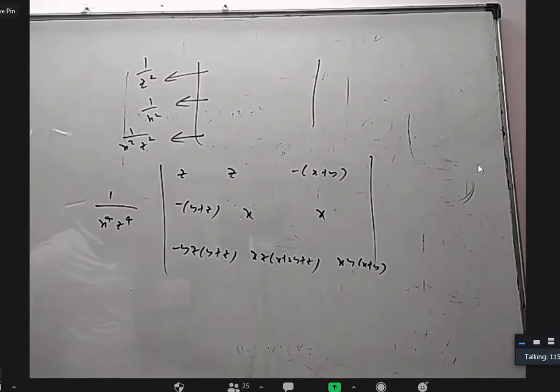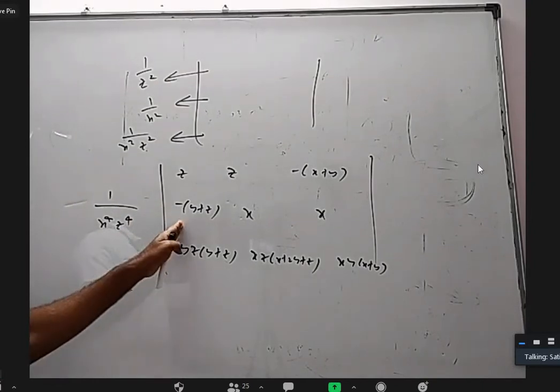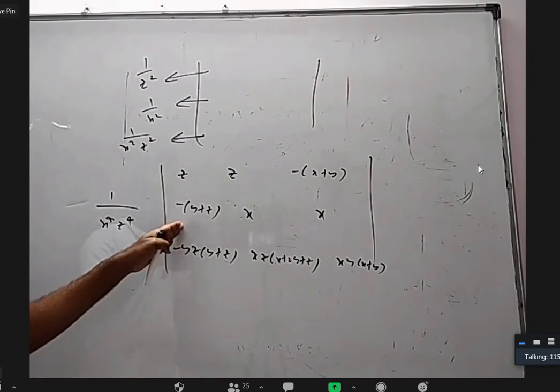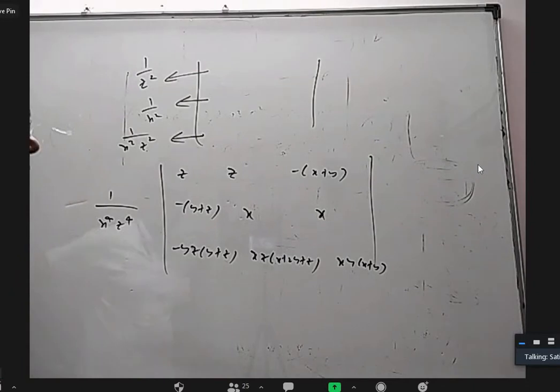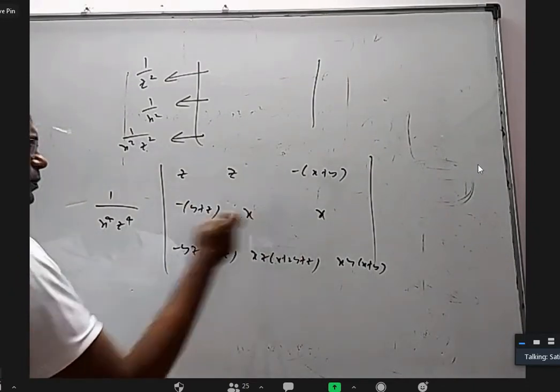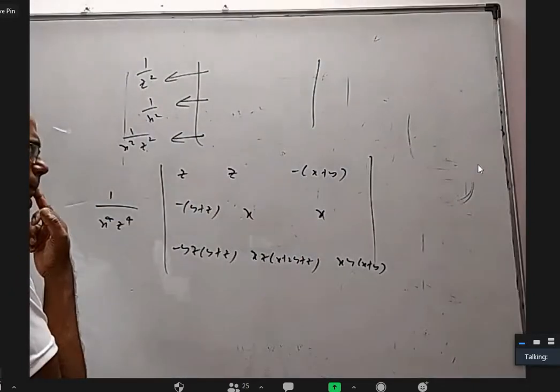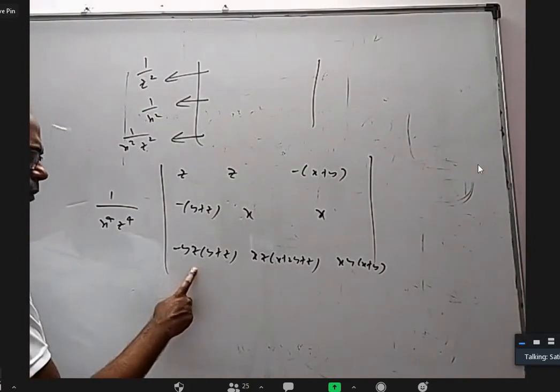C1 as C1 minus C3 and C2 as C2 minus C3. Column 3. What is the advantage? We'll get x plus y plus z, x plus y plus z. That's right. And what will happen to this minus this?